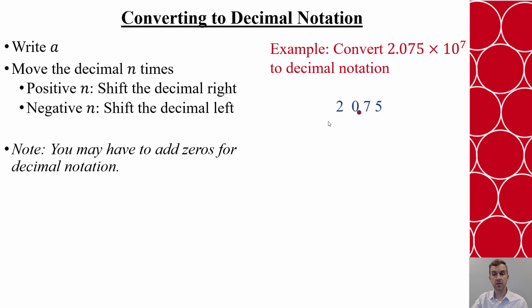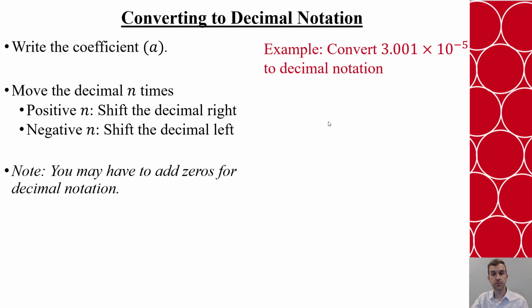So 1, 2, 3. Well, I'm out of zeros and places to go, so I need to add zeros as I go along. 4, 5, 6, 7. Now I can write that number out, put in my commas to help me recognize the size of this number, and I will see that that's 20,750,000.